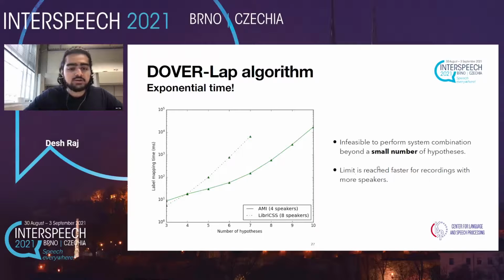And the limit is reached faster for recordings which contain more speakers. So in this case, you can see AMI, which has 4 speakers, compared to LibriCSS, which has 8 speakers. And for LibriCSS, the limit was reached at just 7 hypotheses. So we could not combine any more than 7 hypotheses in the case of LibriCSS.